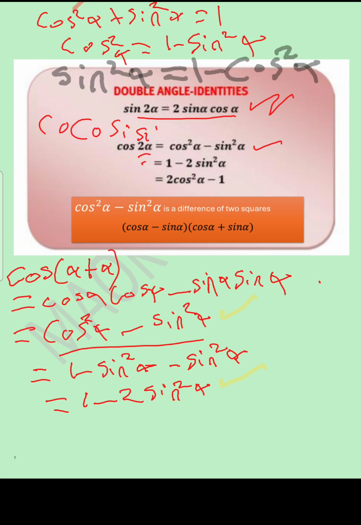Now we are going to replace here, we are going to replace the sine squared instead of replacing the cos squared.